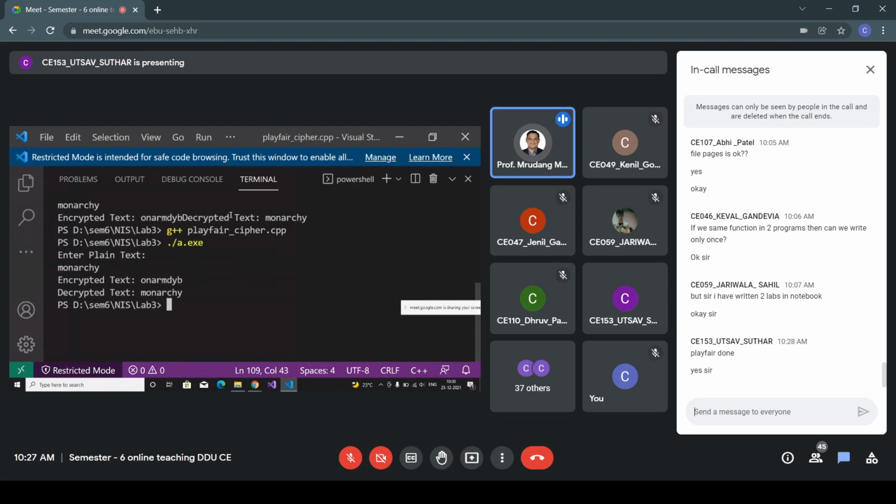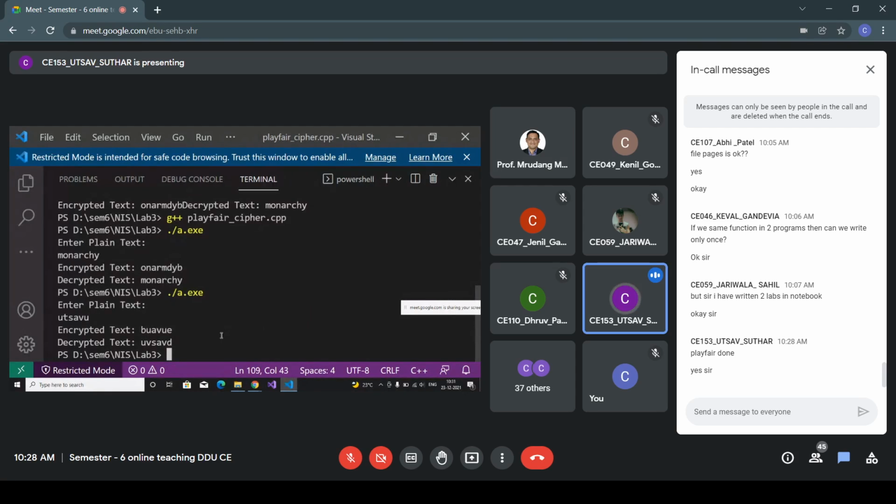Okay, so then give another plain text. Yes, sir. Write your name. Sir, we need one more character. Yes, you give it some random value. Yes, sir. Okay. For the last, we don't get the decryption part.